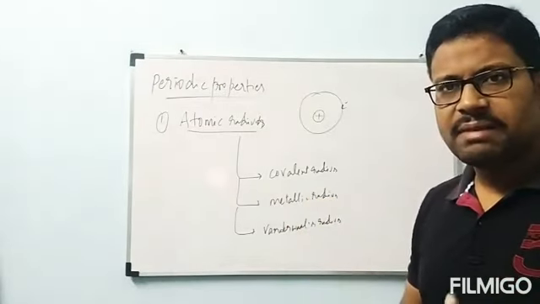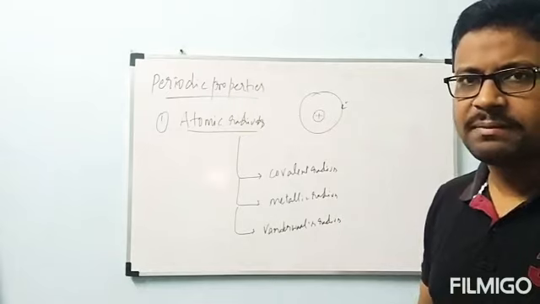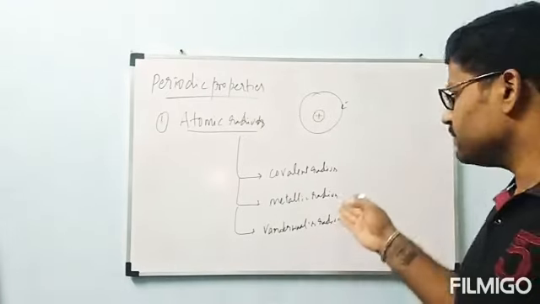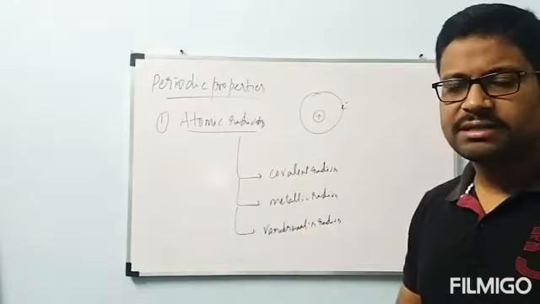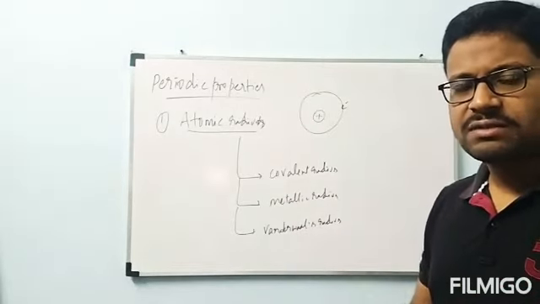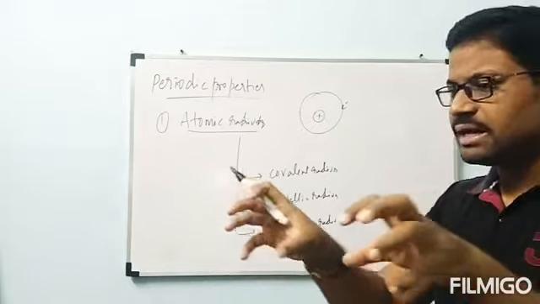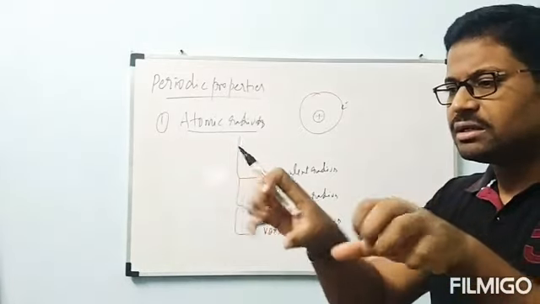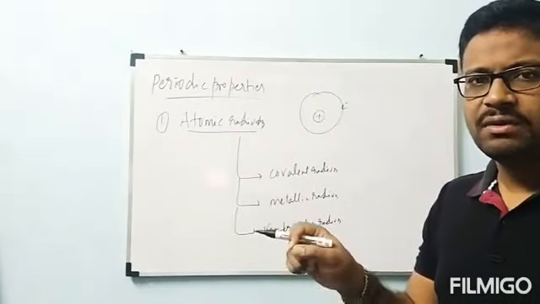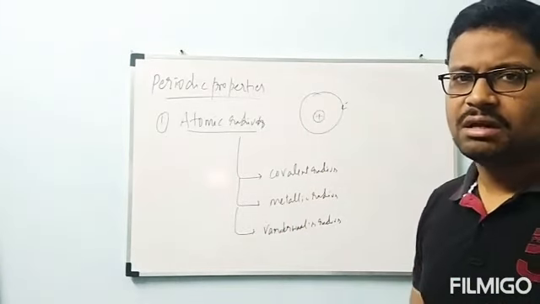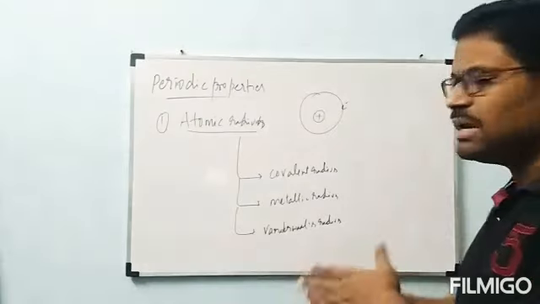Metallic radius: in metals the type of bond present is the metallic bond, and the radius obtained from that is called metallic radius. Van der Waals radius means, depending on van der Waals forces, these atoms are attracted, and while they collide with each other, we find the distance between the nuclei. Half of the internuclear distance is called van der Waals radius. Like that, I have simply defined them.